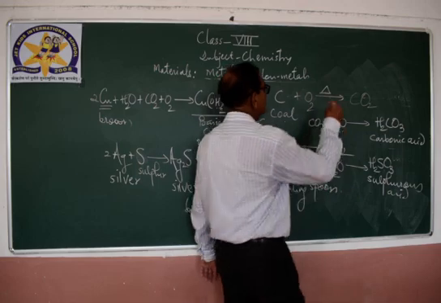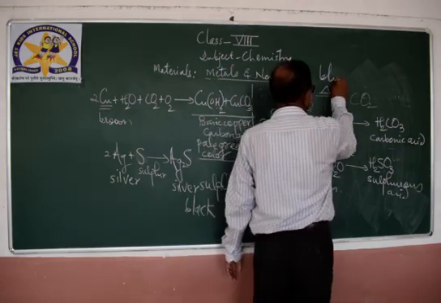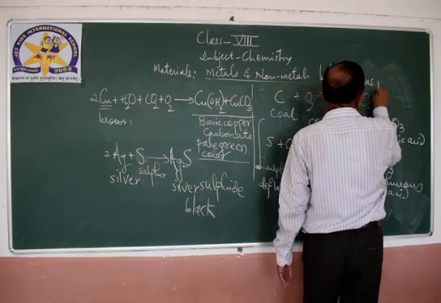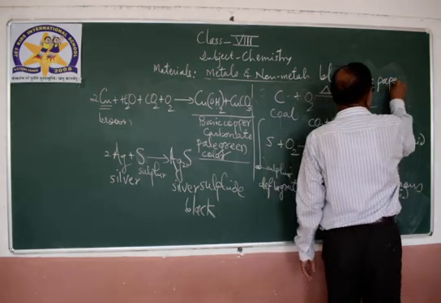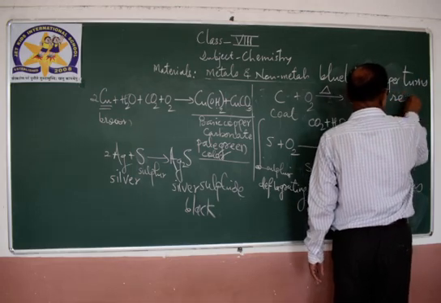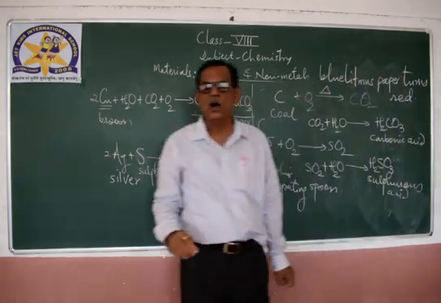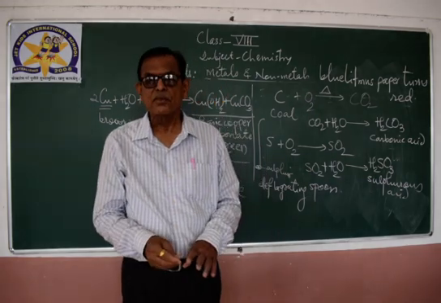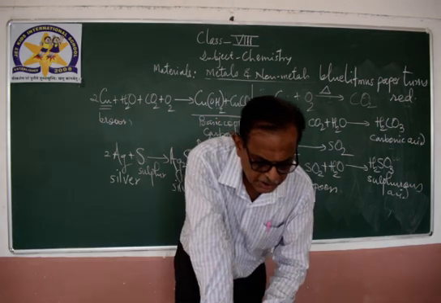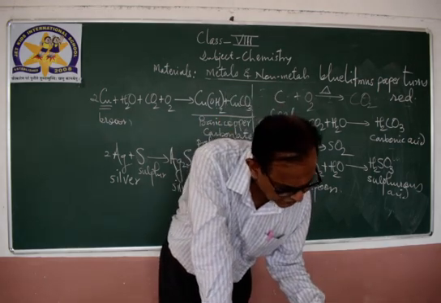Here blue litmus paper turns red, indicating that non-metallic oxides are acidic in nature. Clear? So again, this is the important point.